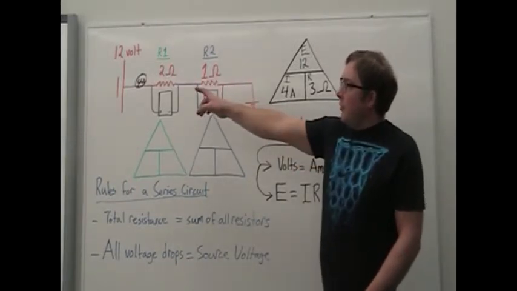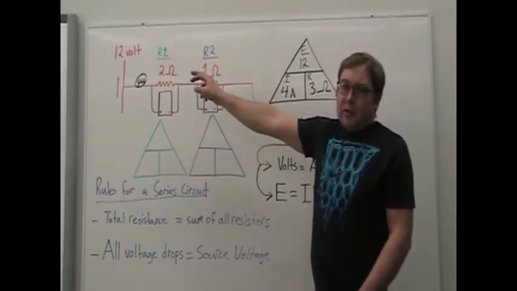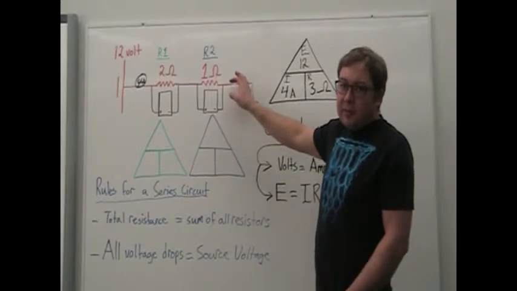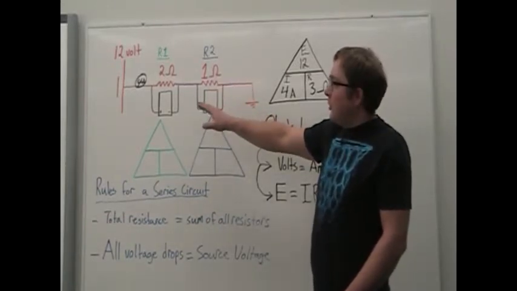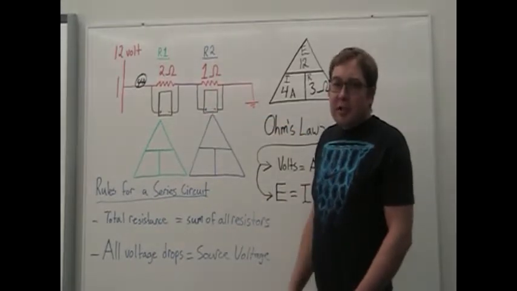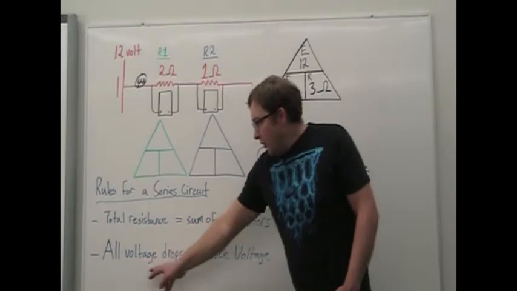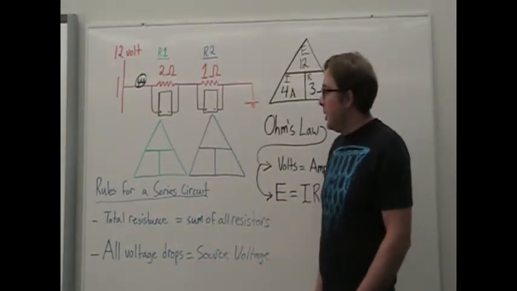We got a total of 4 amps now in our circuit, and we got a source of 12 volts. Okay, so we have done the math for that complete circuit now. Now we can break it down and find our voltage drops for each individual resistor. And remember, all voltage drops equal source voltage. Okay?